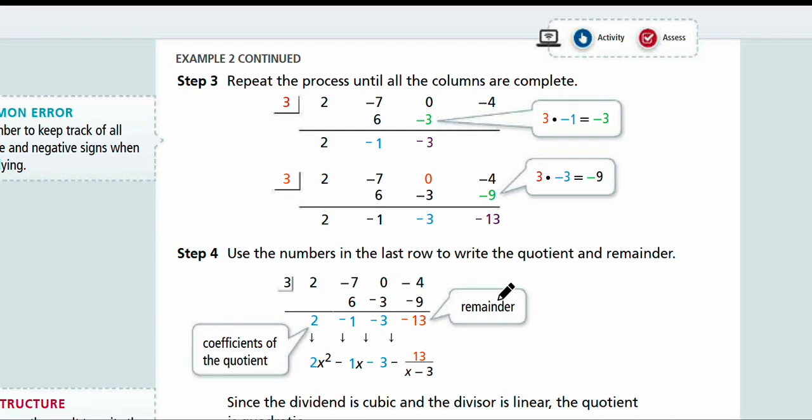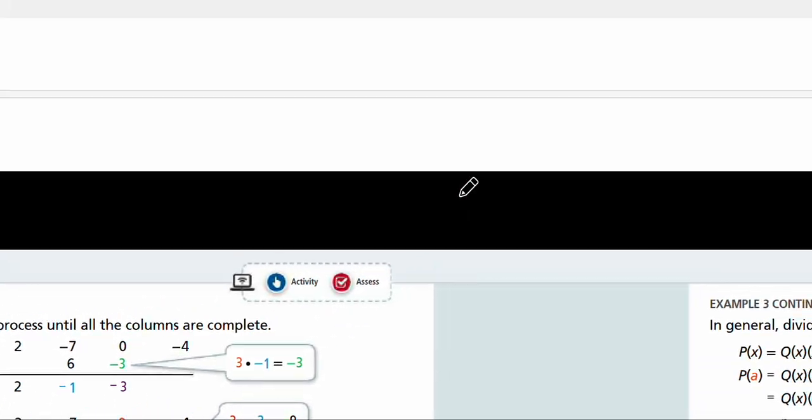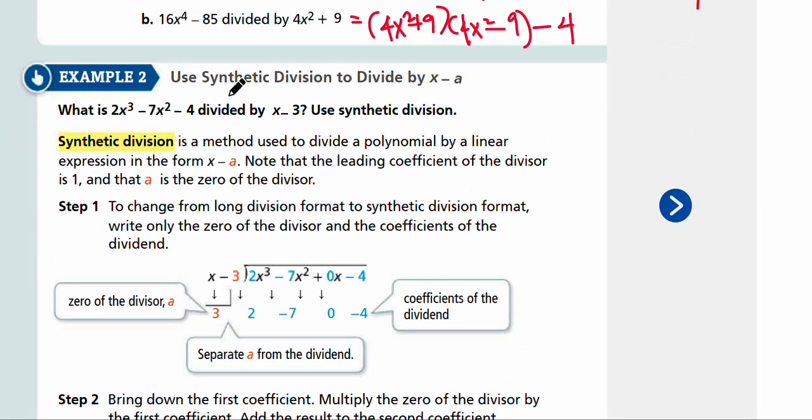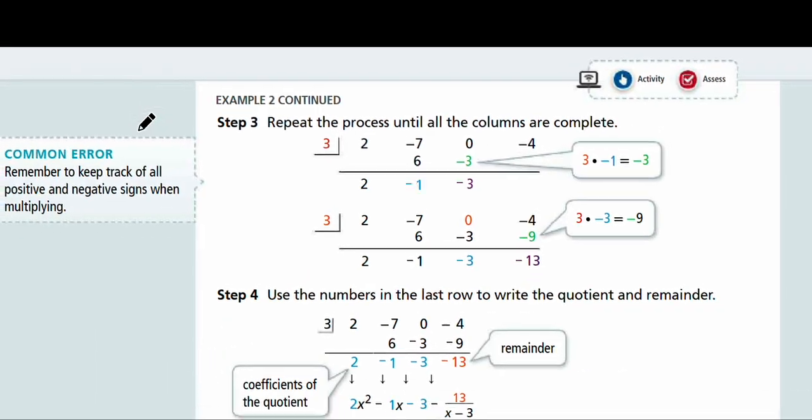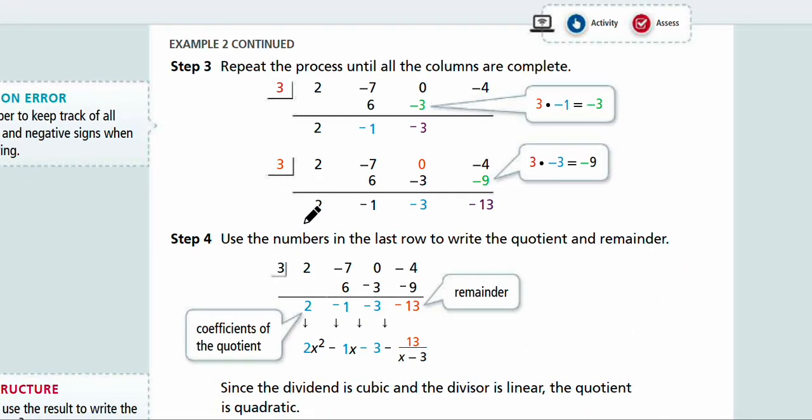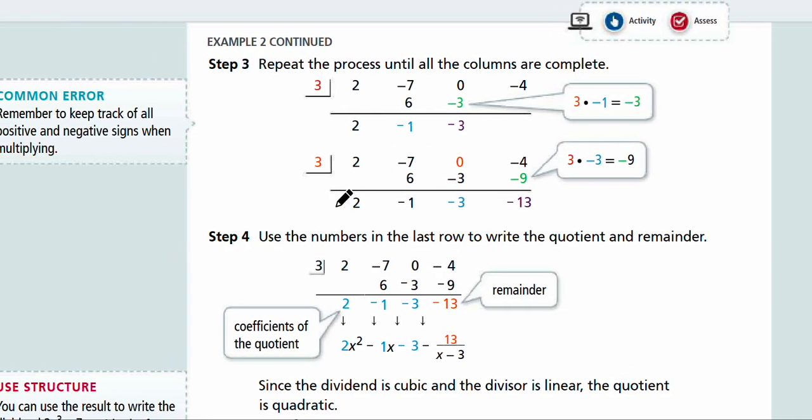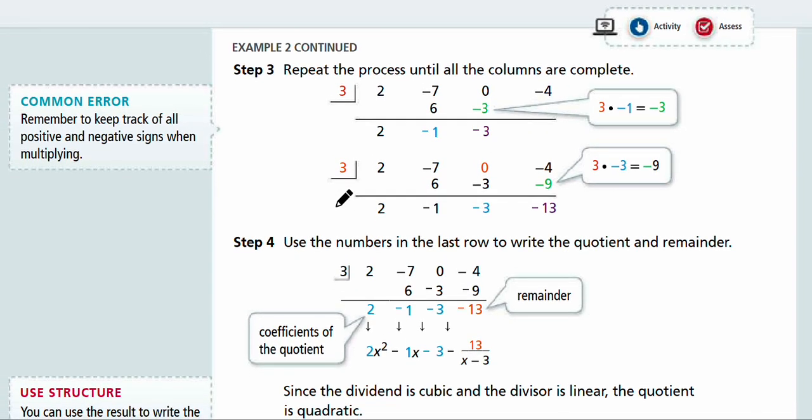So you can write this answer as follows. The biggest power in your dividend is x cubed, right? So in order to get your x cubed, you multiply by x squared. So this coefficient 2 actually represents your x squared term.